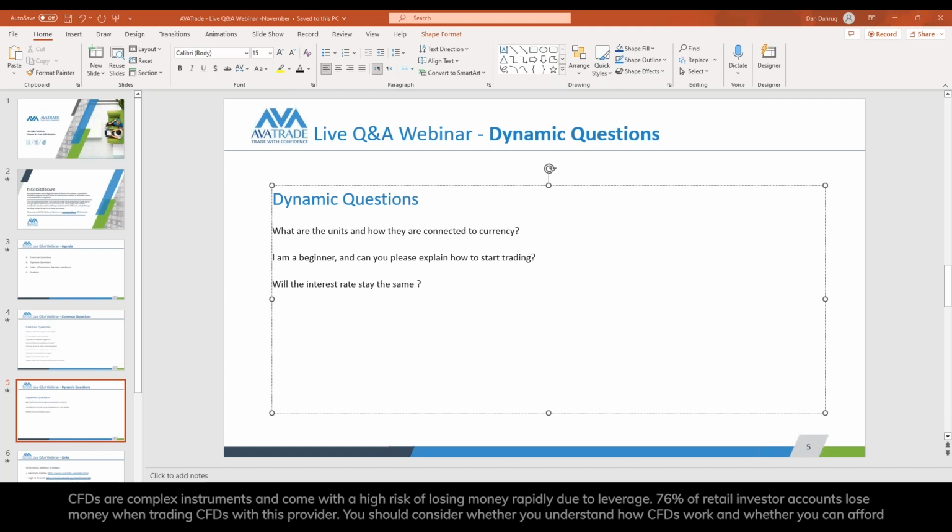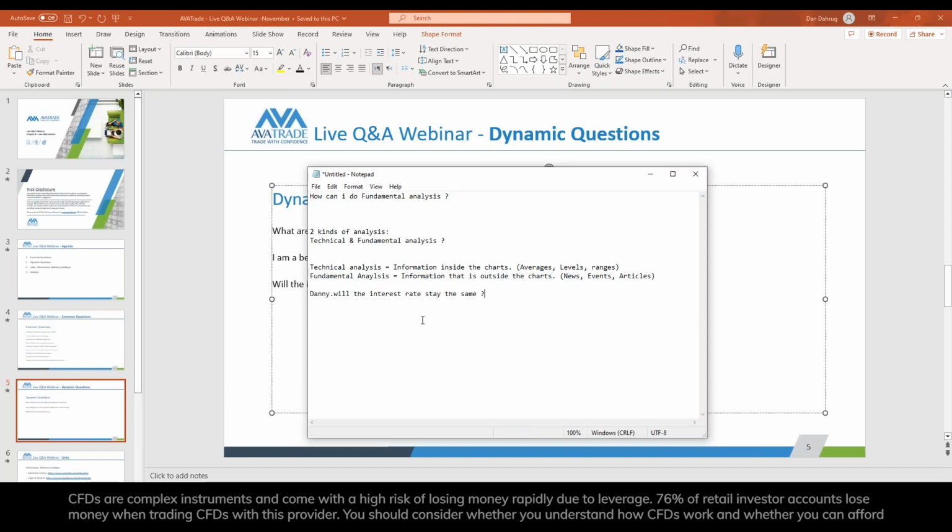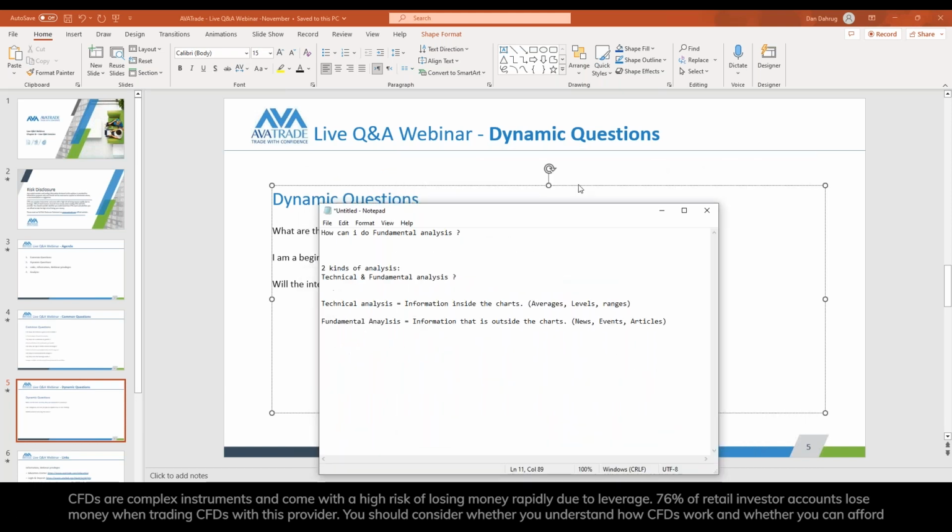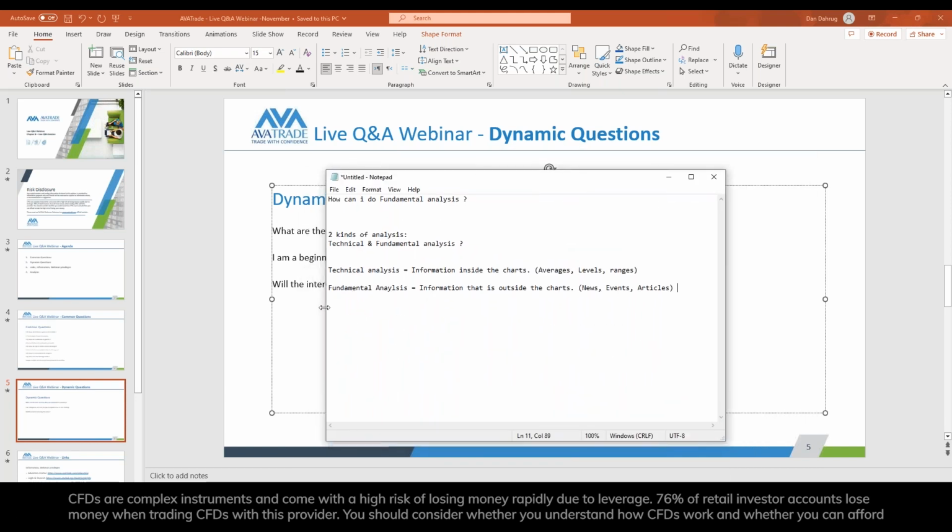The reason that you have great timing is: what is the interest rate? How does the interest rate have any connection to what I'm explaining? I just explained that technical analysis is averages, levels, ranges, and fundamental analysis is information, news, events, and articles. How is Sharon's question related to what we're talking about now?